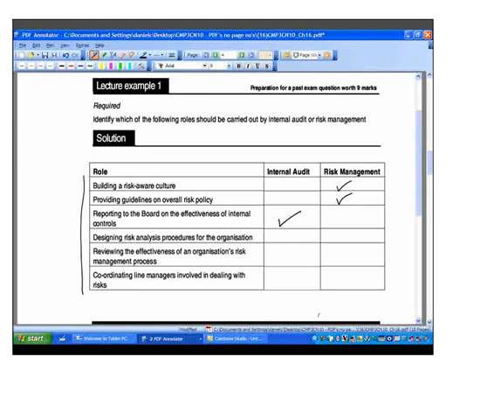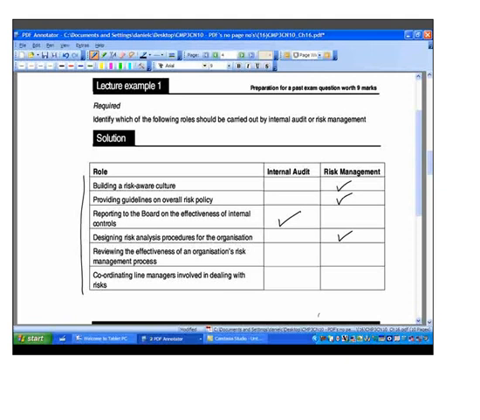Reviewing the effectiveness of an organisation's risk management process, on the other hand, well, that's got to be internal audit. As you'll see, in an organisation with a risk management function, that function is going to be responsible for the risk management process. They've set it up in the first place. So it wouldn't be appropriate for them to review its effectiveness. They'd effectively be reviewing themselves.